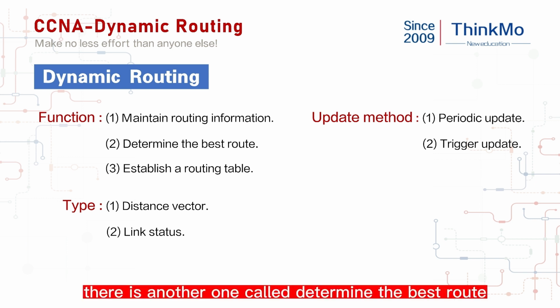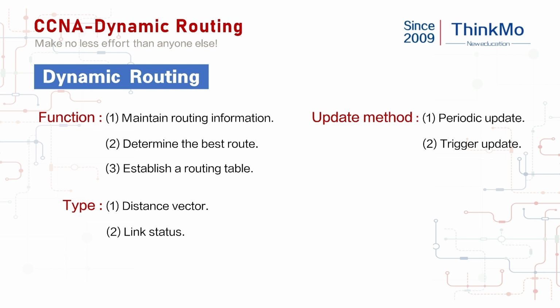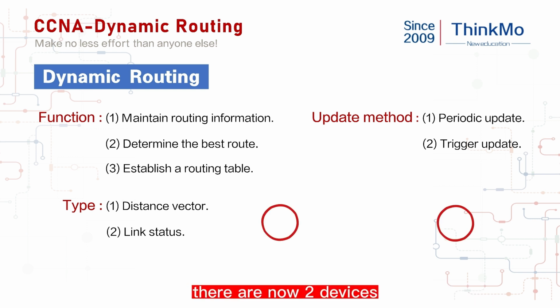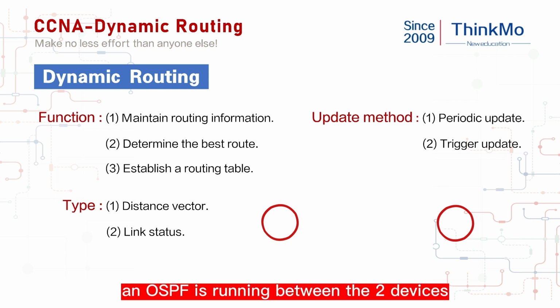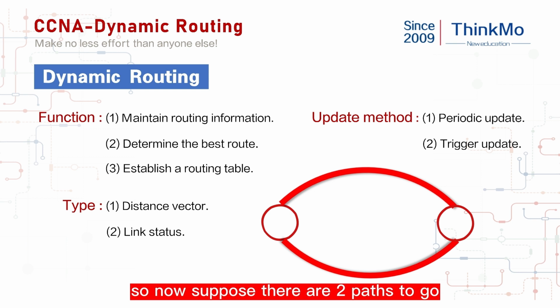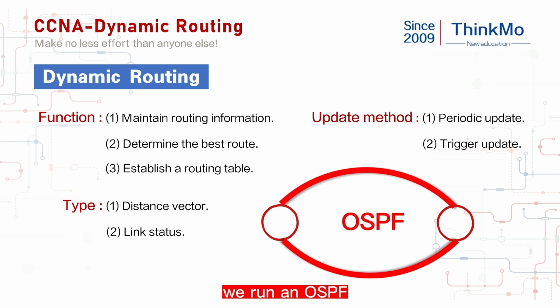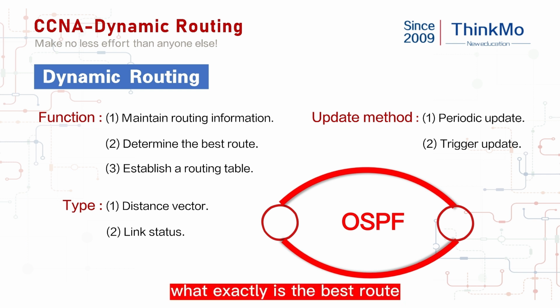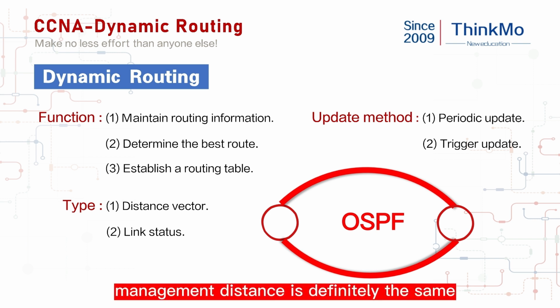There is another one called determine the best route. Let me tell you about this. There are now two devices, and an OSPF is running between them. Suppose there are two paths to go. What exactly is the best route? Which route is better? Now that the routing protocol is consistent, the administrative distance is definitely the same.